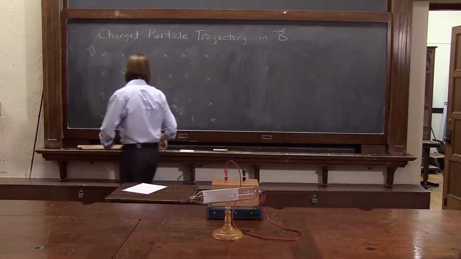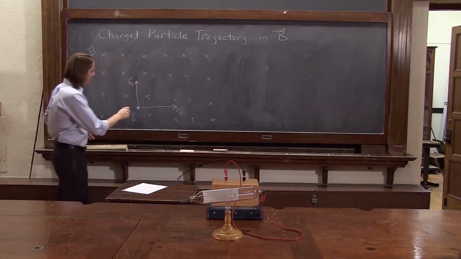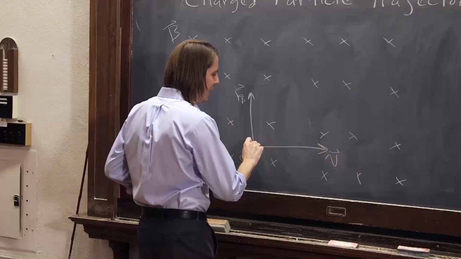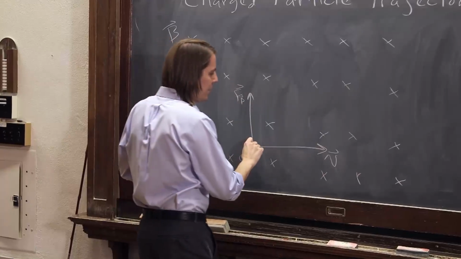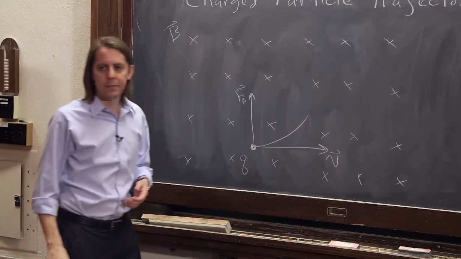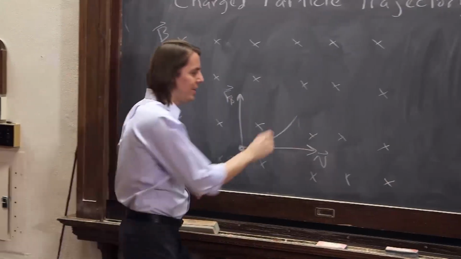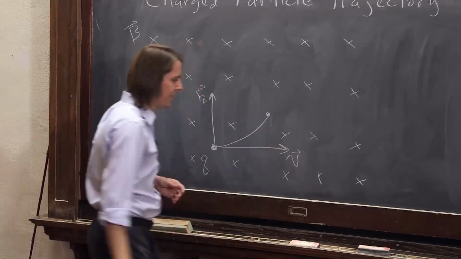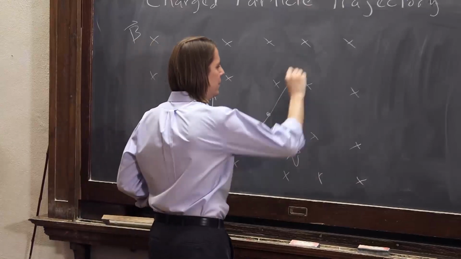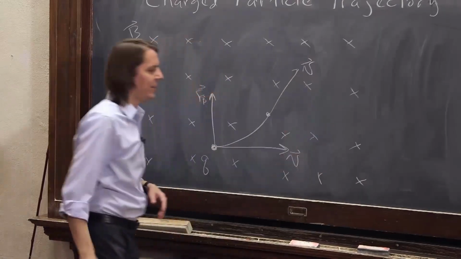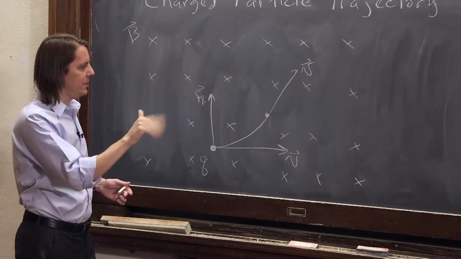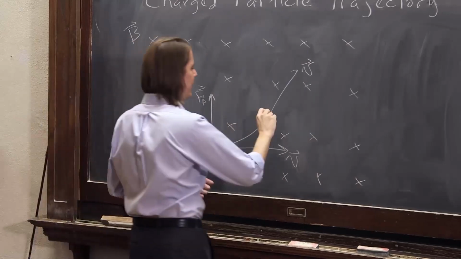So let's see what kind of motion that will create. So if it's moving along in V, it's fine. And if it's just accelerating this way, it's kind of like a rock that you throw. Okay? But wait a minute. Now something changes. Now we made it to here. And now which way is velocity? Now velocity is that way. All right? V cross B, the force is now that way.